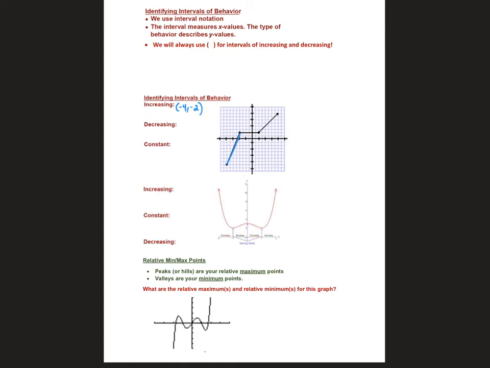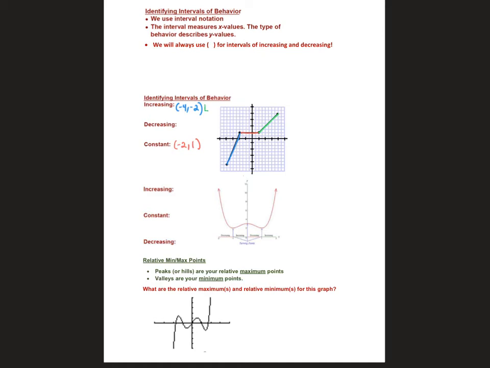is increasing. Now, if you look at your next part of the graph, we can see here that from left to right, as x gets bigger, my y value stays the same. So that is a constant interval. So we would say the constant interval goes from -2 to 1. Again, we're going to use parentheses. And then for the last part of my graph, we have from left to right, this part of the graph is increasing since as x gets bigger, so does y.